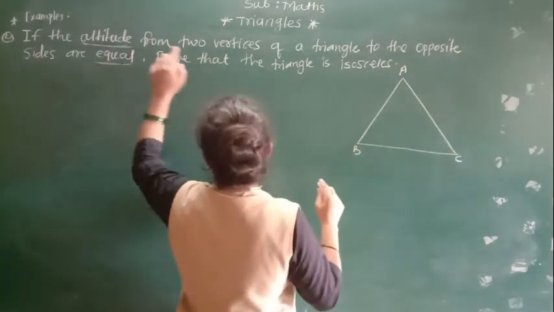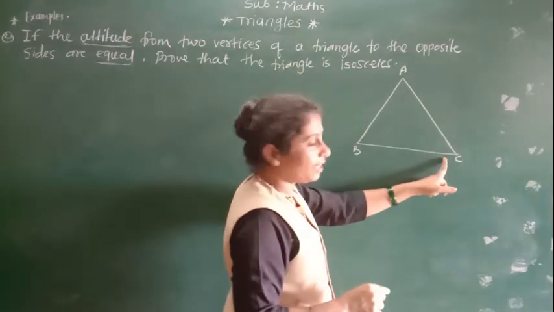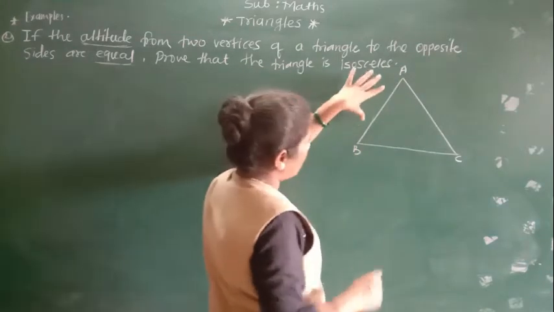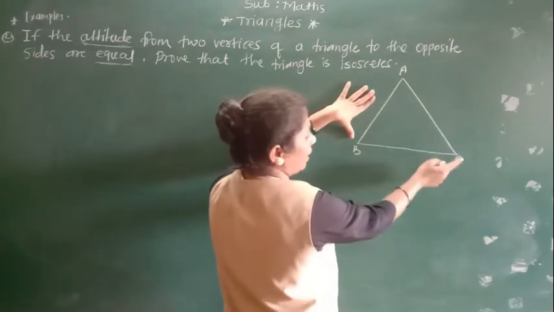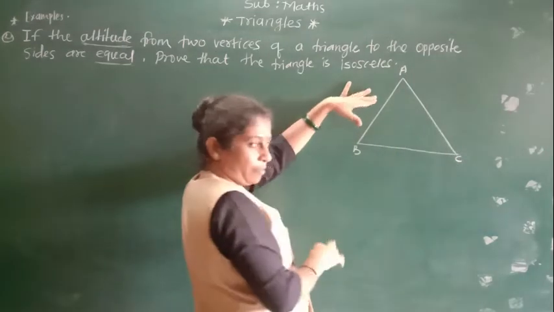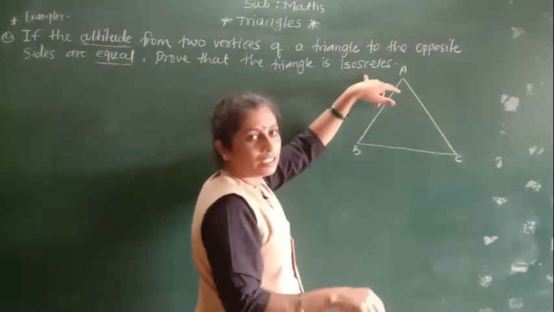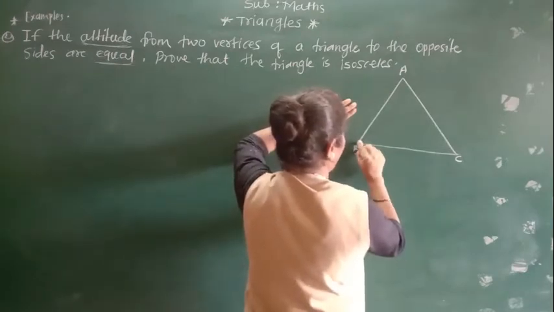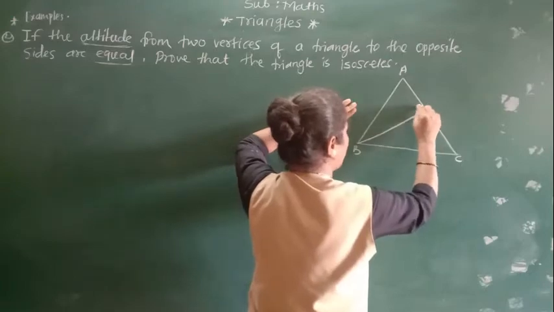Now the altitudes from two vertices of the triangle, these two vertices we will take, to the opposite sides. Vertex B has the opposite side AC, and vertex C has the opposite side AB. On these we have to draw the altitudes, which are equal. That is the information provided to us. So from the point B, I will draw BE as an altitude.